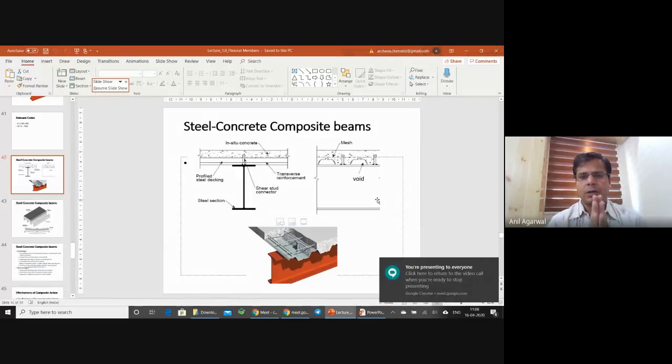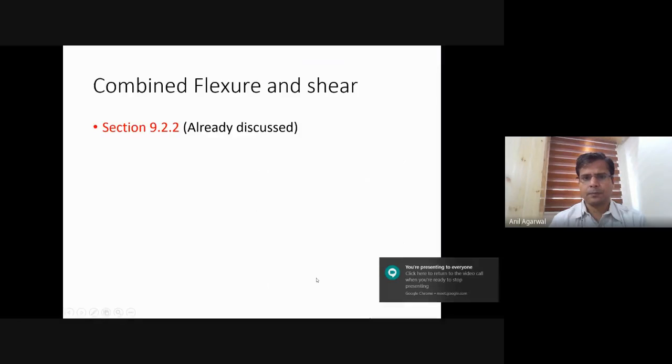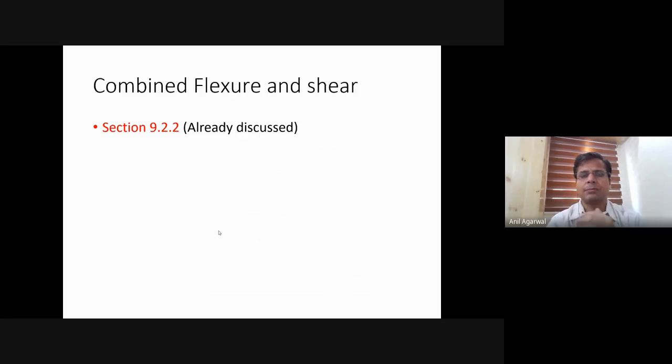Okay, moving forward. The next section within the flexural members chapter is combined forces. You may have combined shear and flexure acting together, which in fact almost always act together. Whenever flexure is there, it is almost always combined with shear in practical situations.